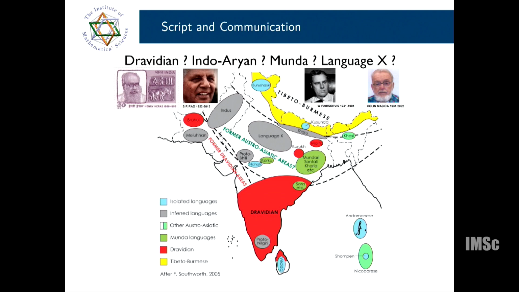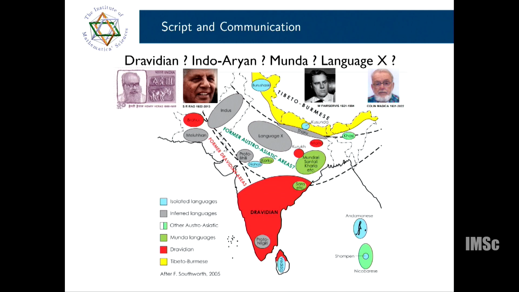Then Father Heras's student has given the Munda theory, actually Proto-Munda. Even Witzel was in support of Proto-Munda, and later he switched to the non-linguistic theory, by the way. And there is Language X, as somebody in the audience was also saying, that there are unknown connections.